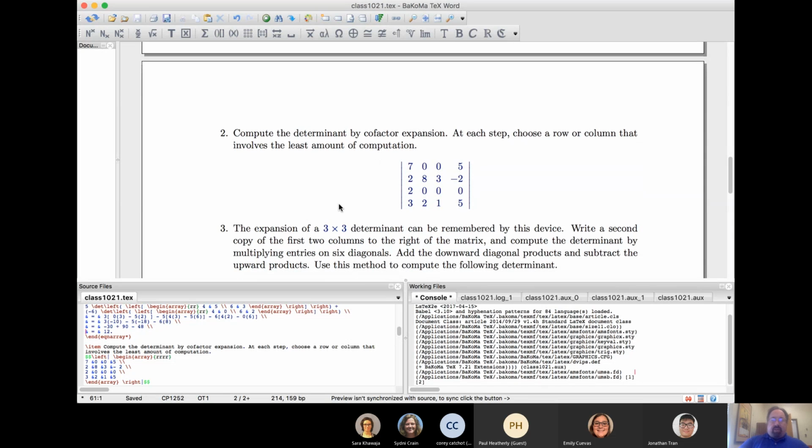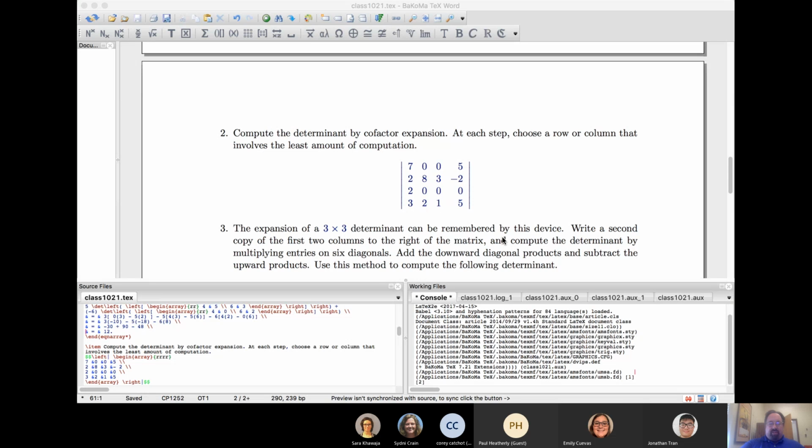Now this next one is the same idea, cofactor expansion, and all the problem asks for is the final answer. Actually, I'm going to preview it. You can't see this because it's another window, but it's previewing the assignment.